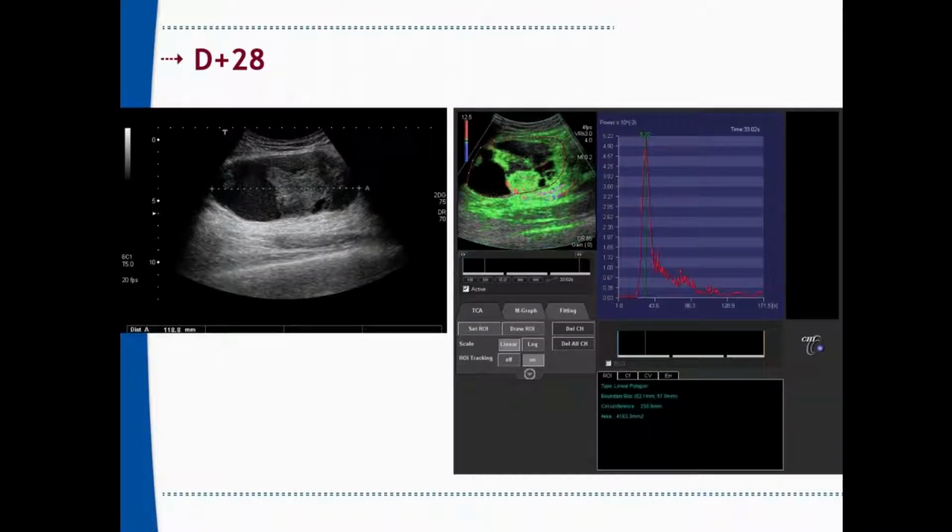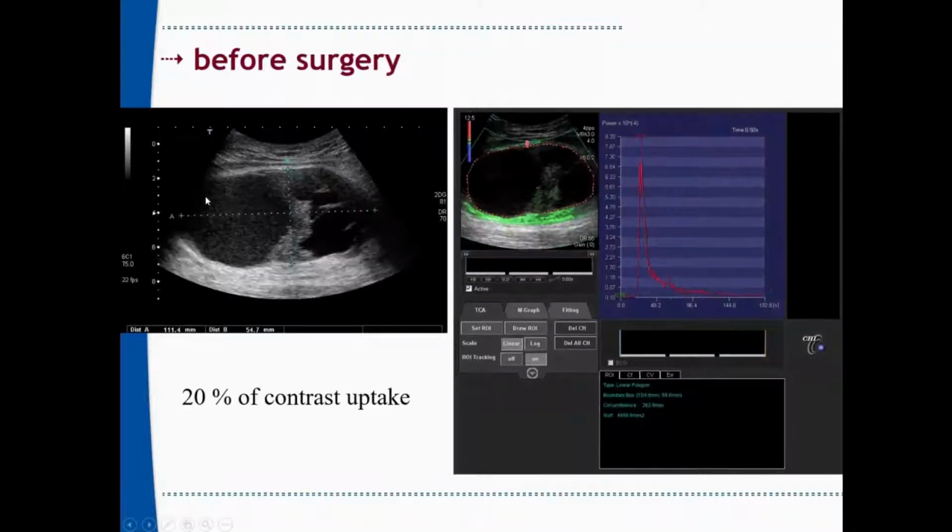And after 1 month, we have an increase of the necrotic area. This is just before surgery, so we have only 20% of the contrast uptake when we inject the contrast media, the SonoVue in bolus. You could see only this part. So this is here, and the other, this is a total necrotic area.